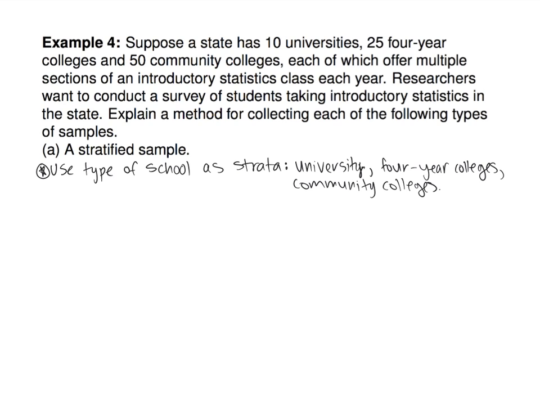So use your types of schools as strata. Once you have your strata, you need lists for each strata. So the second step is to create a list of students for each strata.